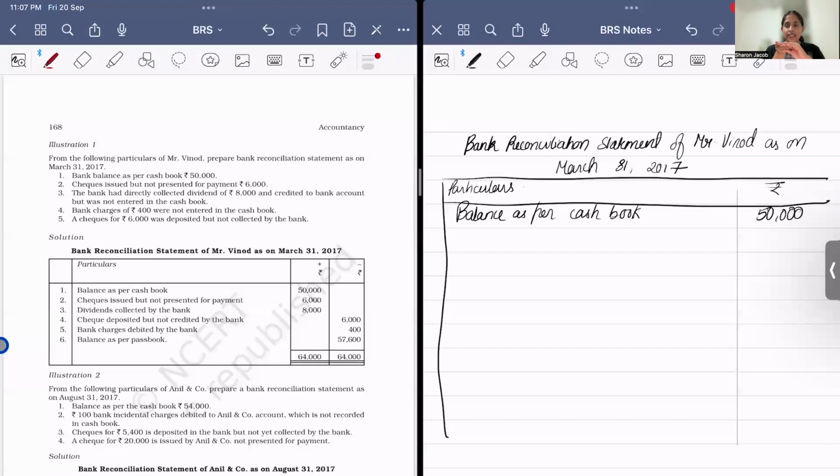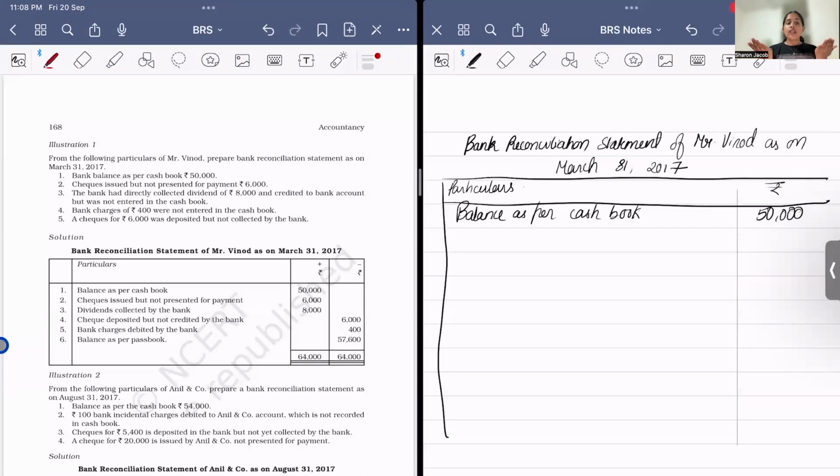So, if you are starting with bank balance as per cash book, what are we using, cash book or passbook? Cash book. So, that will be your right hand. Your other hand will be the other book where we are going to end up with, right? Meaning if you're starting with cash book, it will be passbook. If you're starting with passbook, it will be cash book. In this question, we are starting with cash book, so your right hand is cash book, your left hand will be passbook.